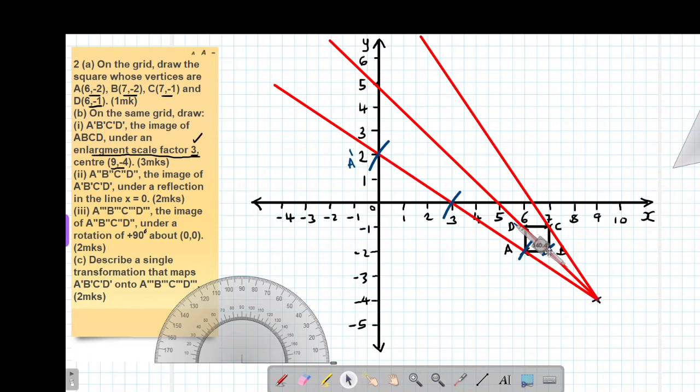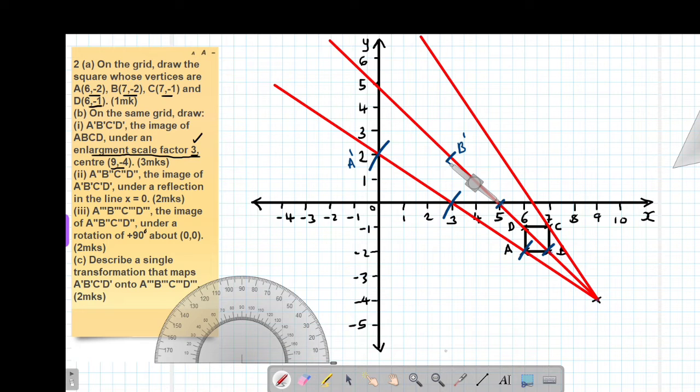Then with the same radius, transfer the compass to the mark that you've made. Then you make another arc on the same line. Remember, we need to move 3 times, so that is 2 times. So I'm making my third movement. This is the third time. So actually, our B prime was supposed to come at this point. So this is our B prime.